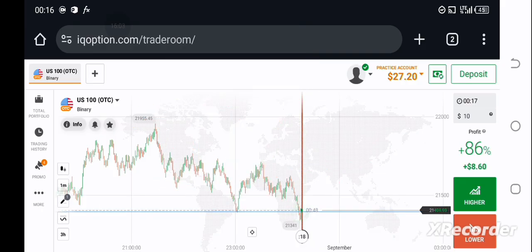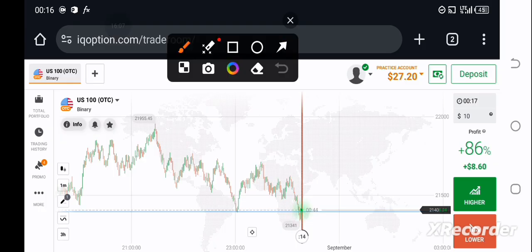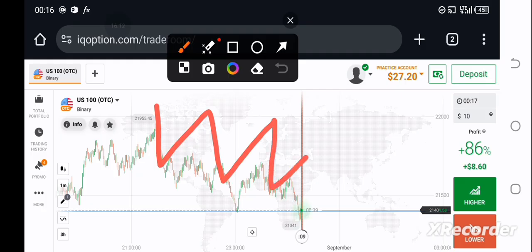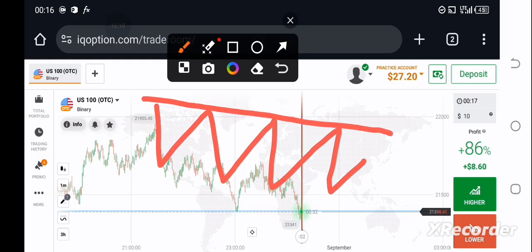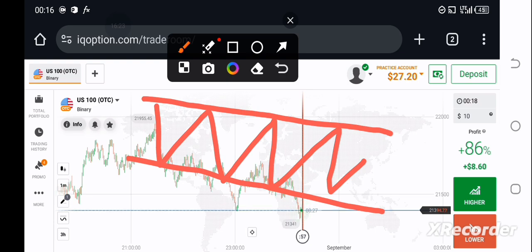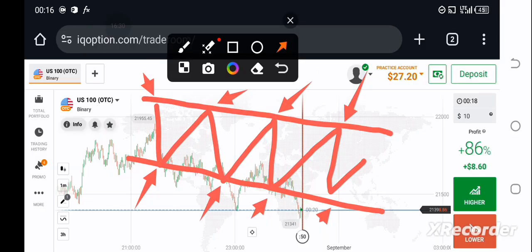But if the market is trendy like this, if it is going down or up, you can see, this is your seller zone, which is resistance. This is buyer zone, which is support. Buyers will enter from here, here, here, here. Sellers will enter like this. Those are your entry points.